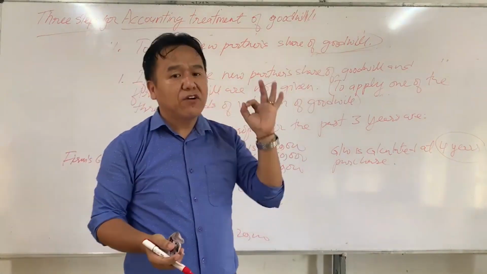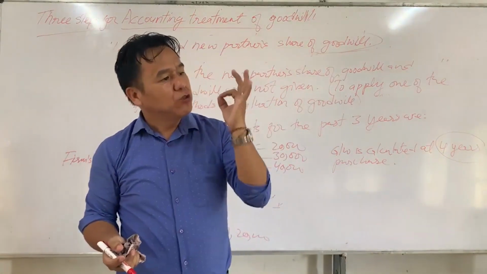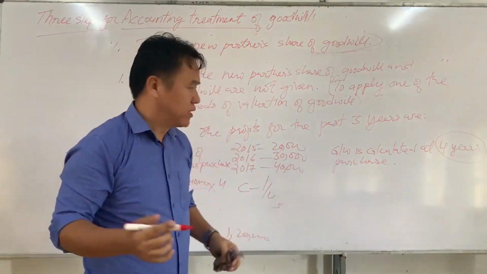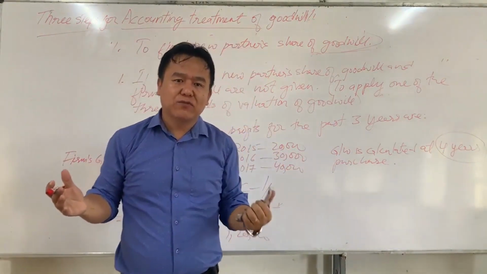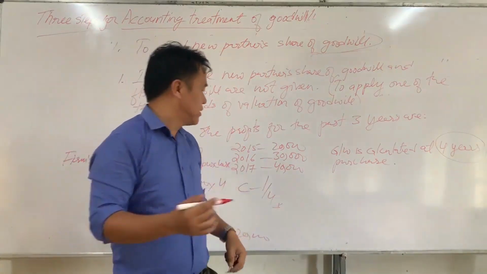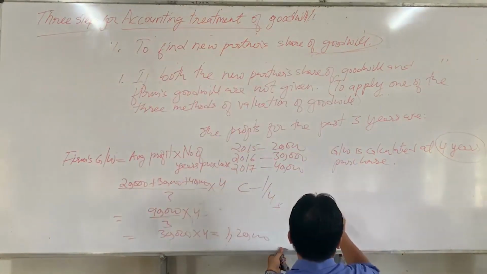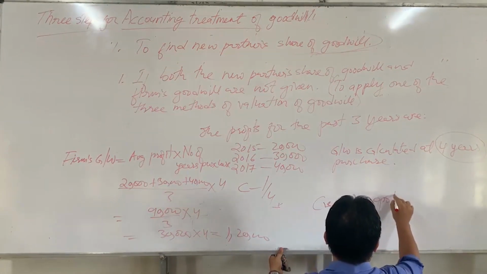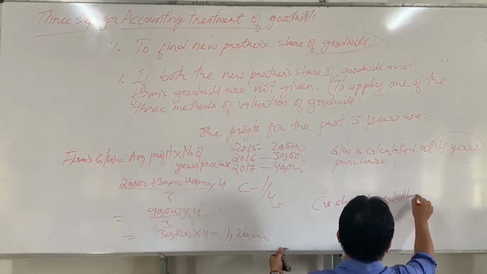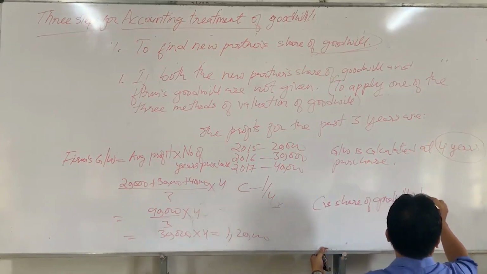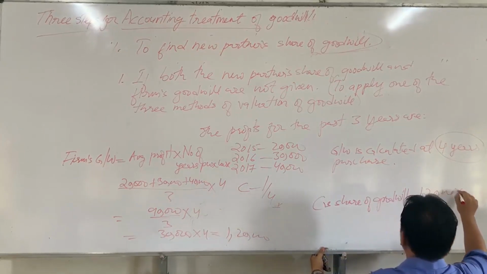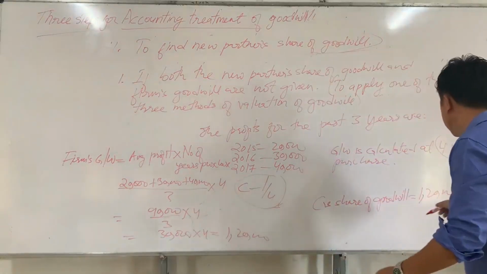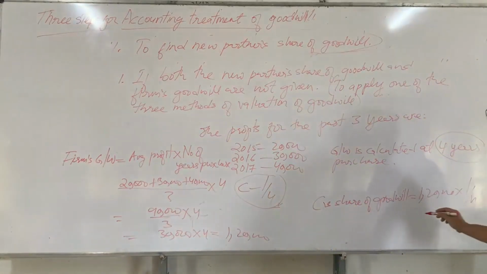Once we get the value of the firm's goodwill, we can find the new partner's share of goodwill. Normally we calculate the new partner's share of goodwill on the basis of the firm's goodwill. So C's share of goodwill is equal to the firm's goodwill, 1,20,000, multiplied by C's share of profit, 1/4.